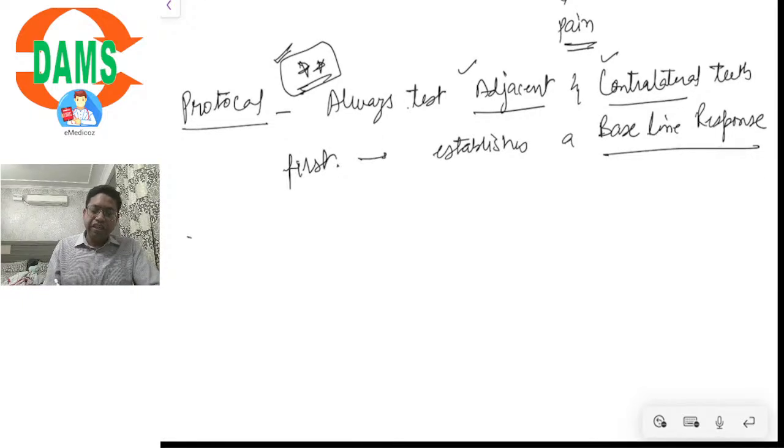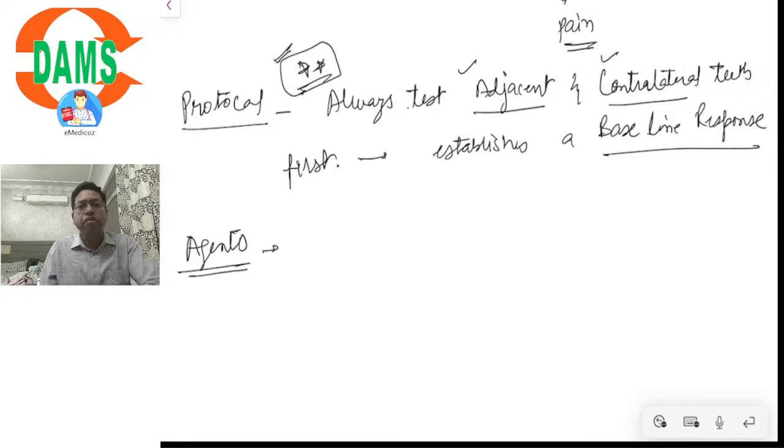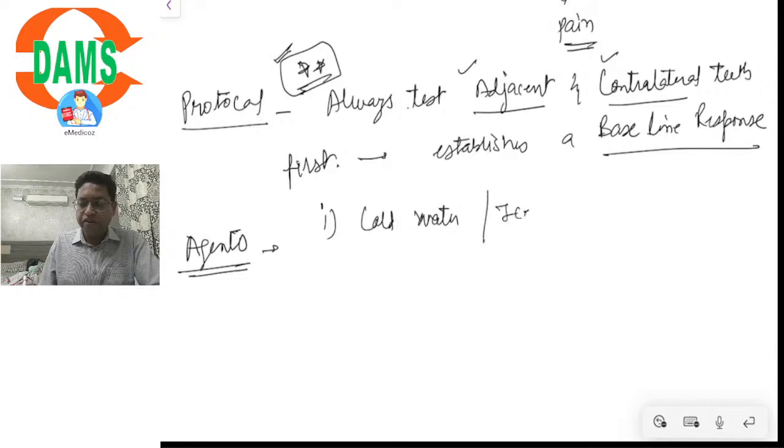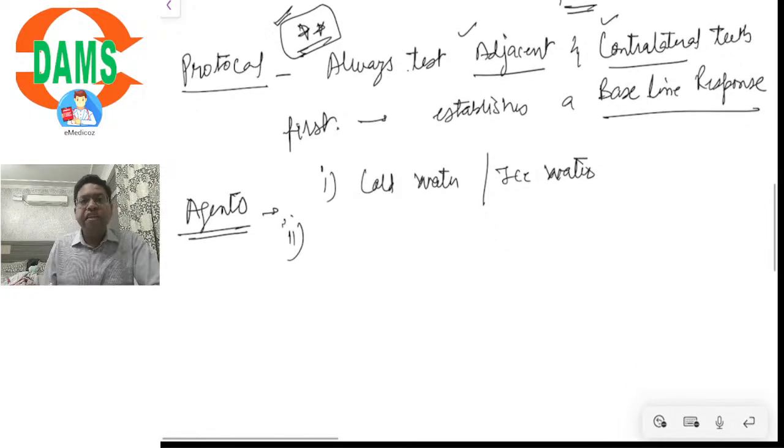Now, what are the testing agents? What all agents can be used to apply cold to the tooth? There can be numerous testing agents. The simplest one is cold water, or we can say ice water can be applied. Then we can use some specialized agents like DDM, that is difluoromethane.